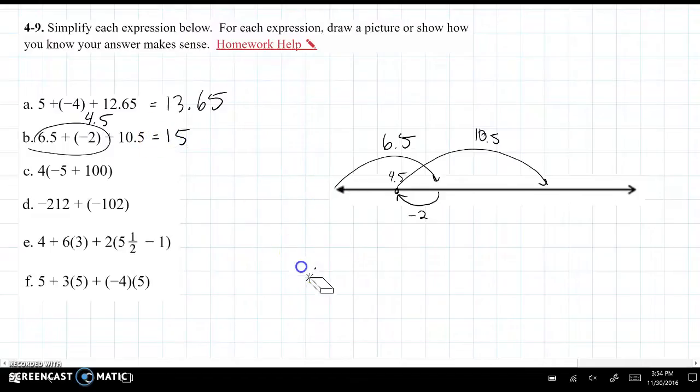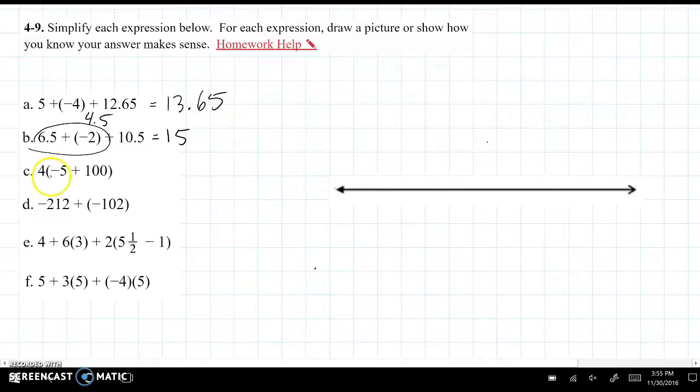This one's a fun one. So think of this as groups. Here we've got 4 groups of this. So if I know what this is, I can get 4 of them. If I have 5 negatives, so here is 0, and let's say that I'm at -5. I'm starting at -5, and I'm adding 100.